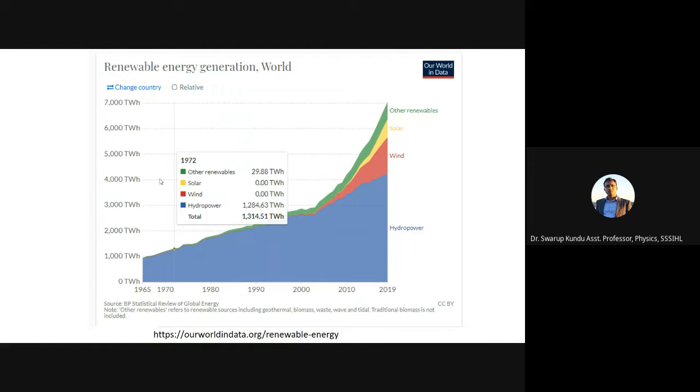Okay, so coming to the importance of renewable energy. If you think of the overall energy perspective, we still depend mostly on fossil fuel, right? Whatever electricity we are consuming here in India, most of it is still from fossil fuel so far, and this is true even for the whole world.